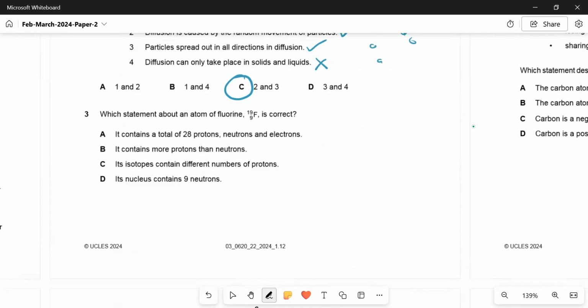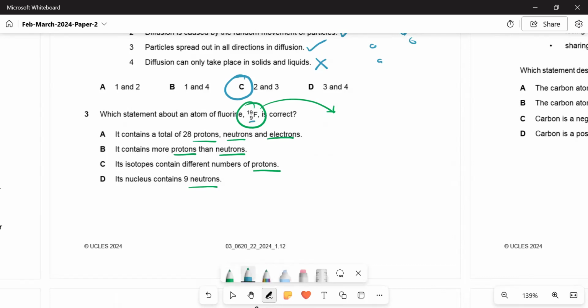Next, we have question number 3. Which statement about an atom of fluorine, F-19 and 9, is correct? All the statements are about the subatomic particles, their number of protons, electrons, neutrons, and everything. So let's first write the subatomic particles for this atom of fluorine.